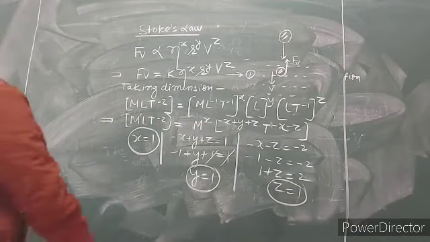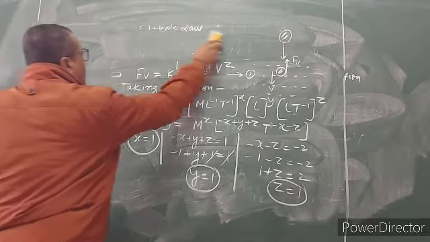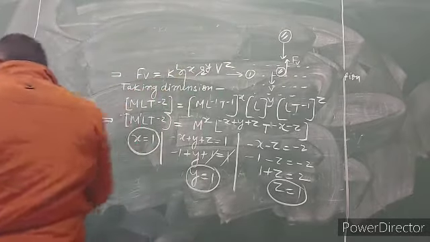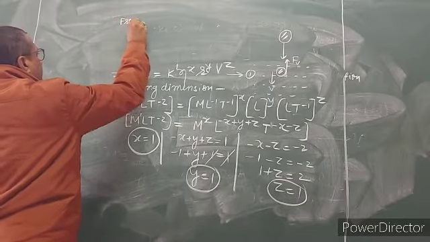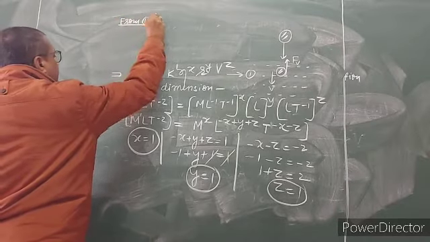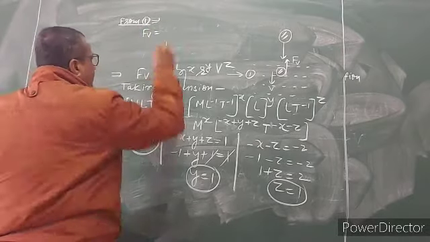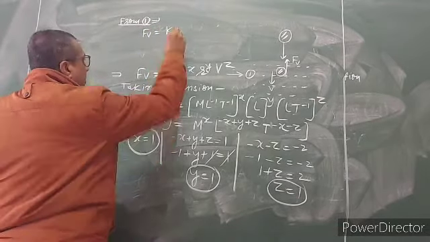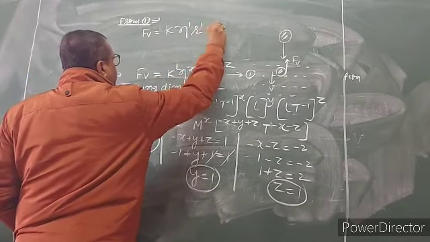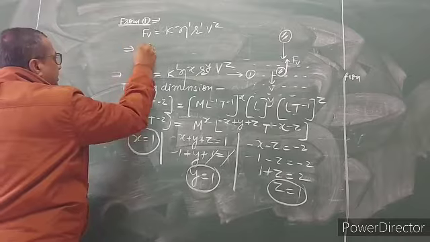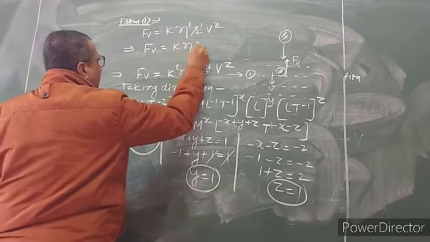Putting these values in equation 1, we get Fv equals k eta^1 r^1 v^1, which implies Fv equals k eta r v.